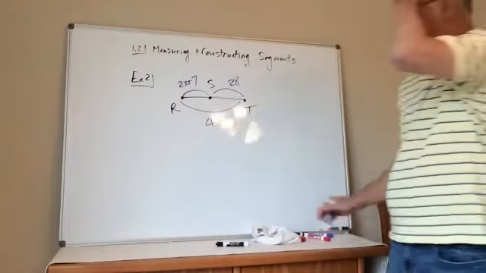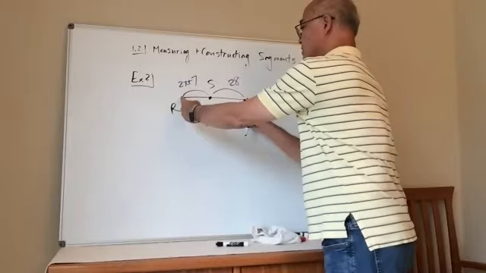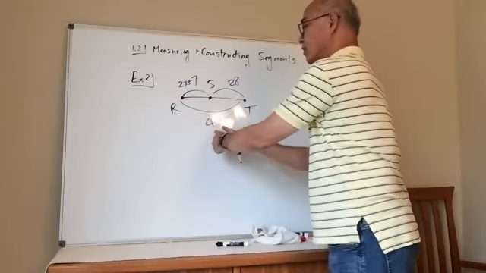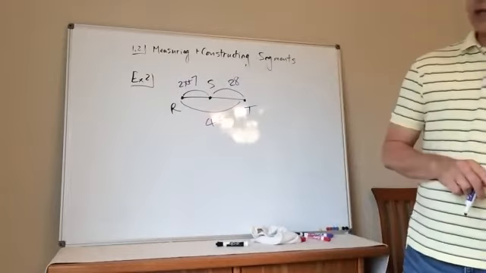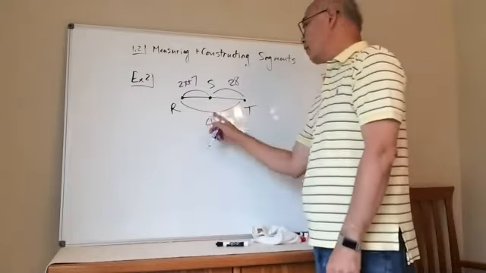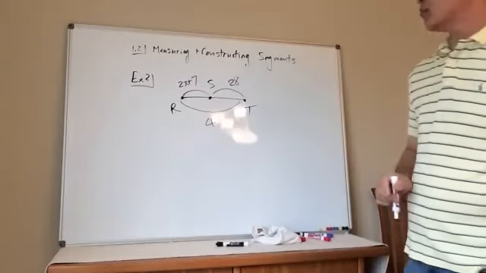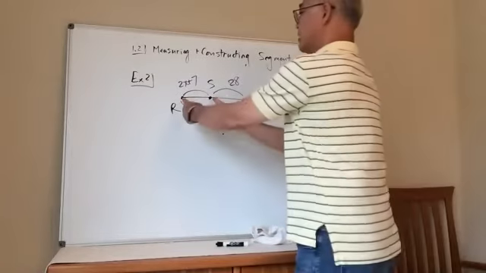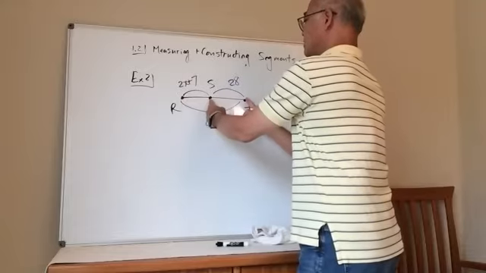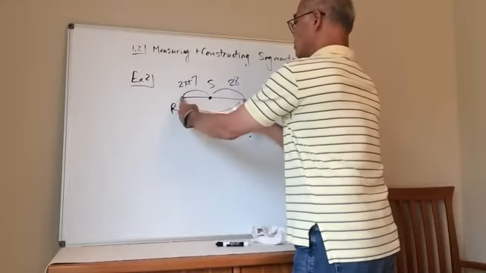Since we know this is 4x, we have to solve for x. The relationship that we know here is that this guy plus this guy equals the whole length.